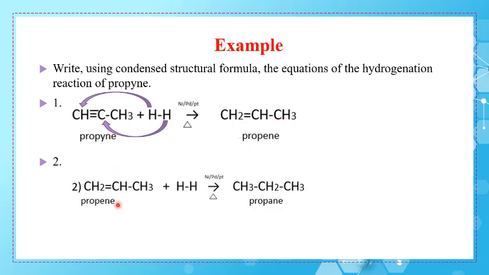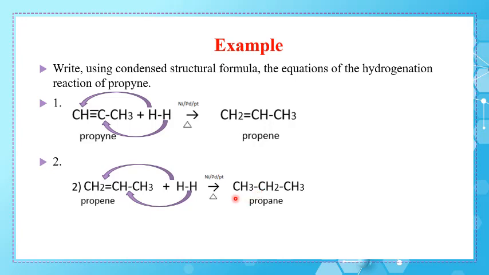And if I take the propene and I want to add a second hydrogen molecule, I want to add it on the double covalent bond and on the carbon atoms just next to the double covalent bond. So I add on the first carbon atom hydrogen, and the product becomes CH3-CH2-CH3, and the double covalent bond becomes a single covalent bond.